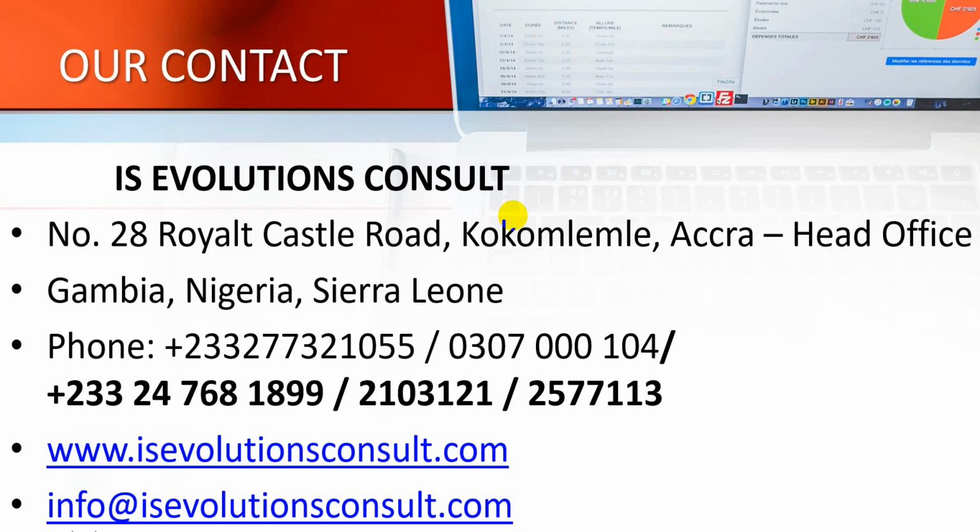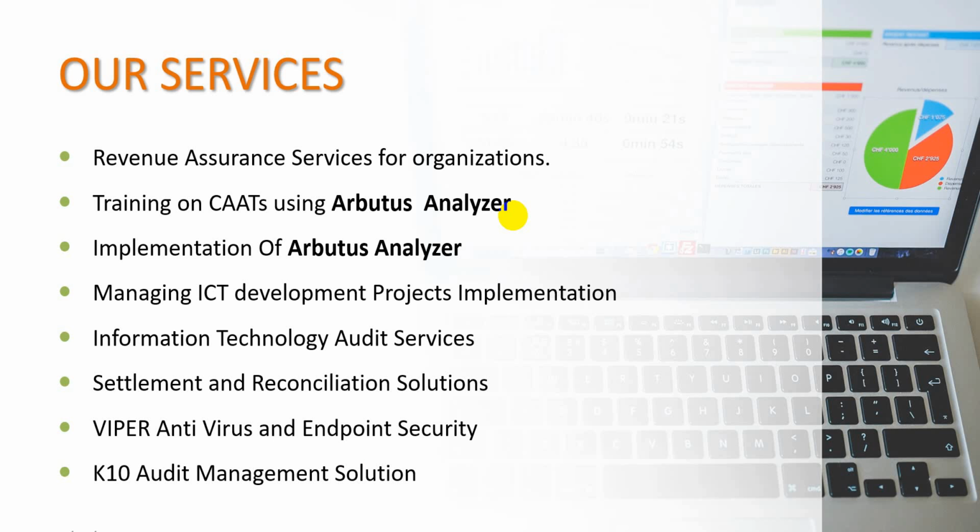Now, as part of their services, they do revenue assurance. What that means is that for companies not willing to even acquire the tool, we come in and do the revenue assurance for you as a service, and provide the report for you as well.